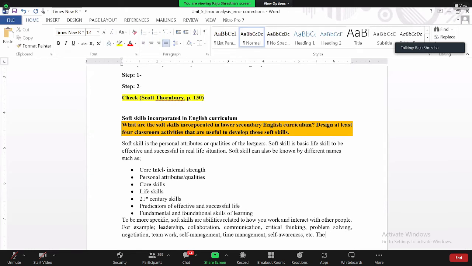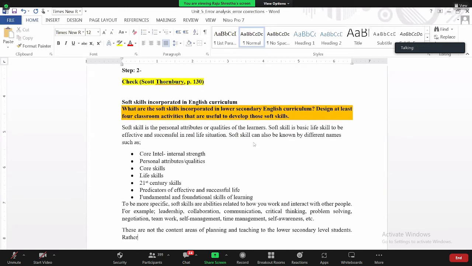These are not the content areas of planning and teaching to the lower secondary level students.